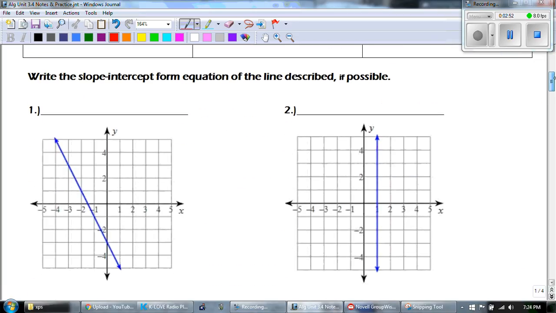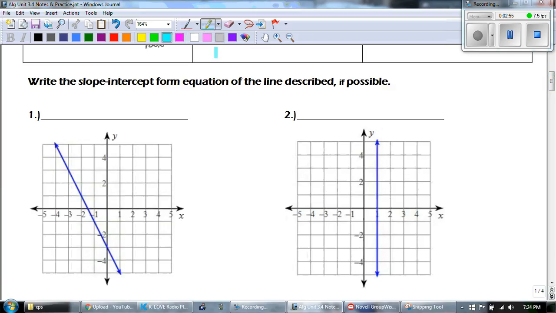So let's take a look. Write the slope-intercept form equation of the line described, if possible. Right away, this is a diagonal line, so it's going to be y equals mx plus b. I need the slope and the y-intercept. That is the point (0, -3).